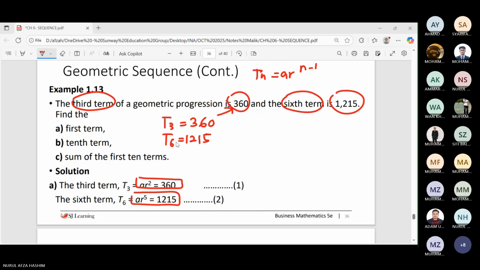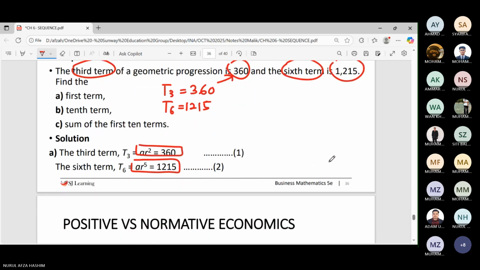Divide, madam. Minus? How do you minus? Divide or minus? You have to divide.